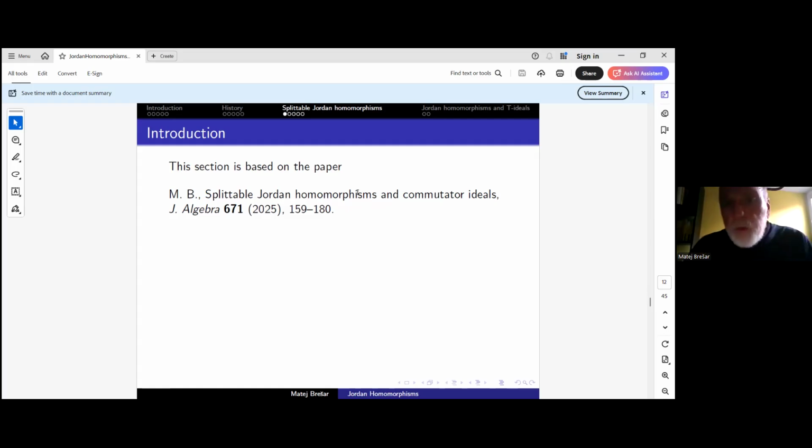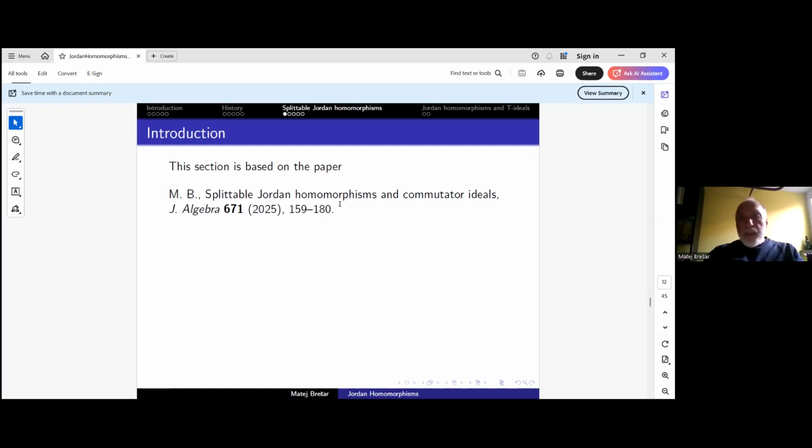So it gave me a very good excuse to return to Jordan homomorphisms, which have always been one of my favorite topics, and also by chance, my very first papers from the end of the 80s are about Jordan maps.